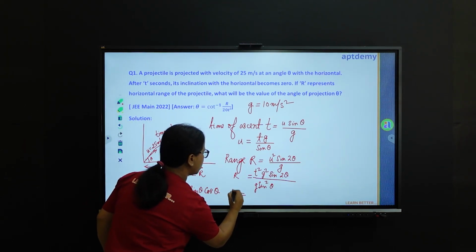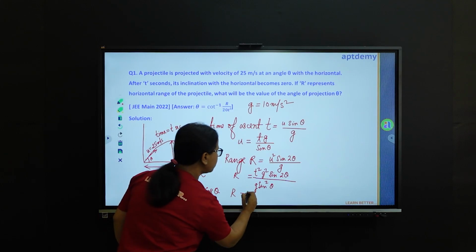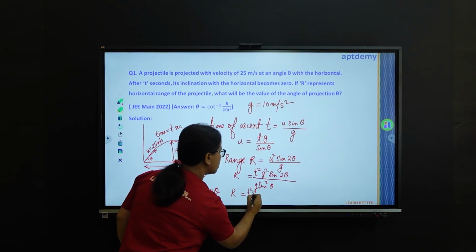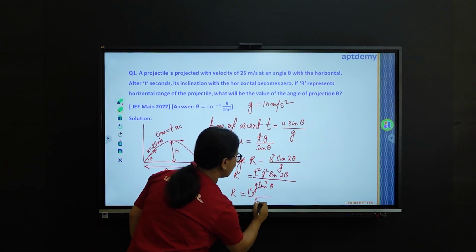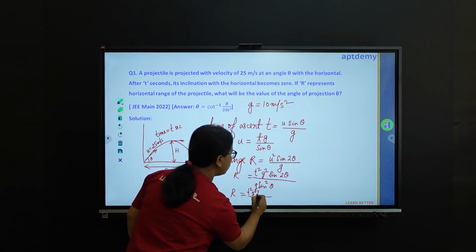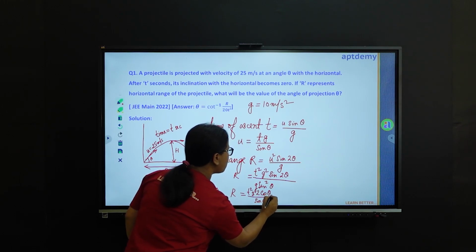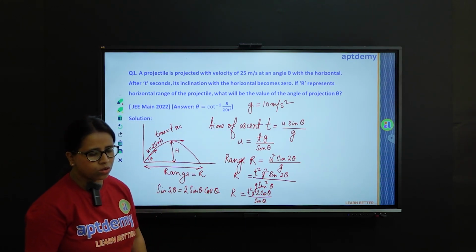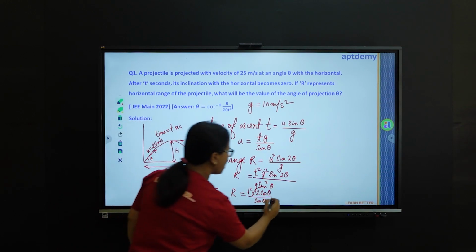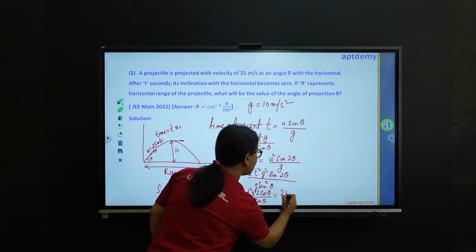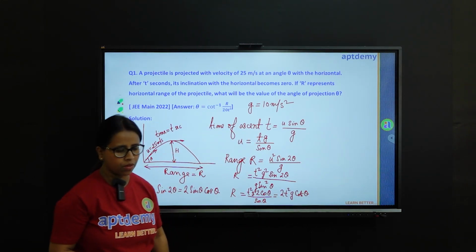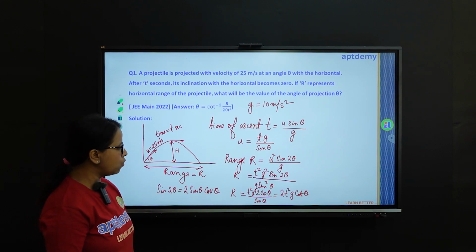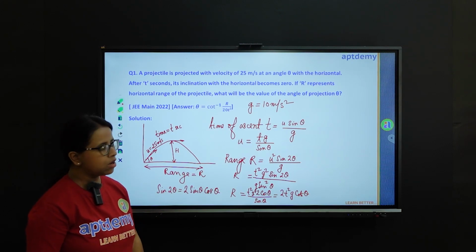We are left with R equals t square g, we have a sine theta in the denominator, and 2 cos theta left out in the numerator. So this gives us R as equal to 2t square g, and cos theta by sine theta is nothing but cot theta. So we have R equals 2t square g cot theta.